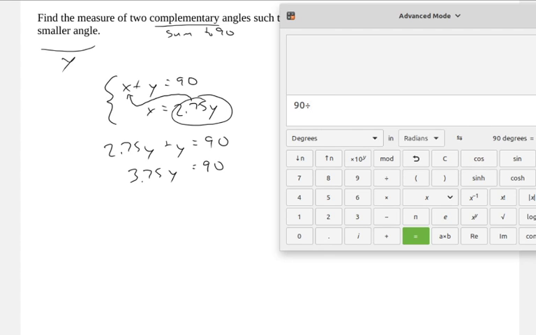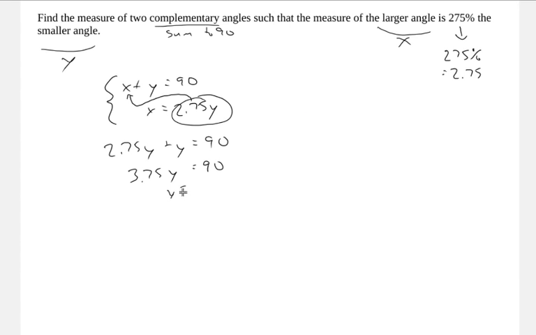90 divided by 3.75, because I'm dividing both sides of the equation by 3.75, gives me y equals 24. And to find the value of x, I could say x is equal to 2.75 times 24.